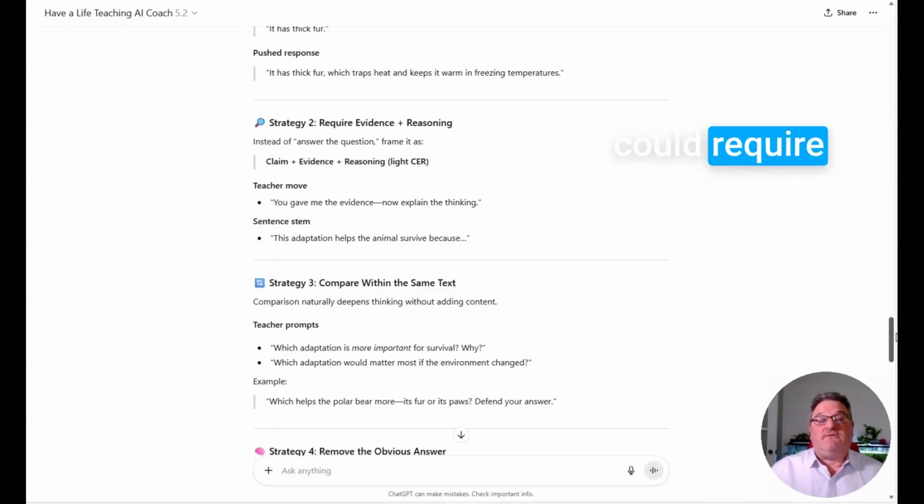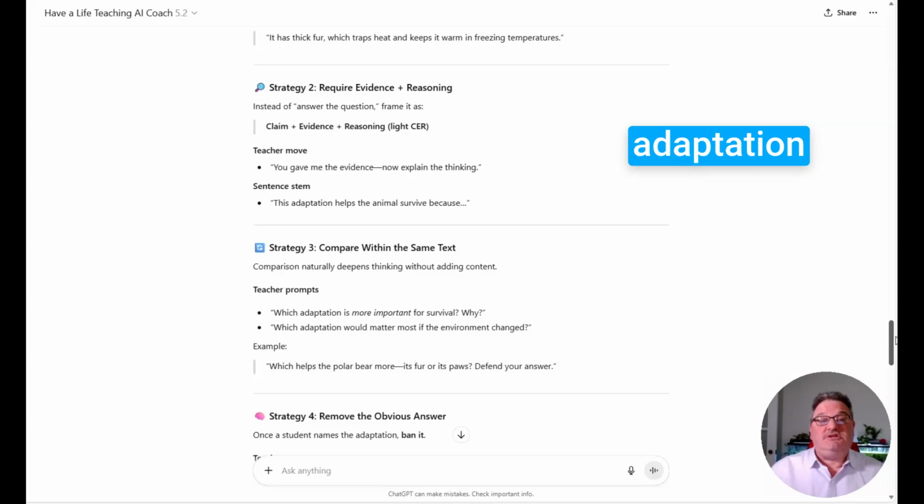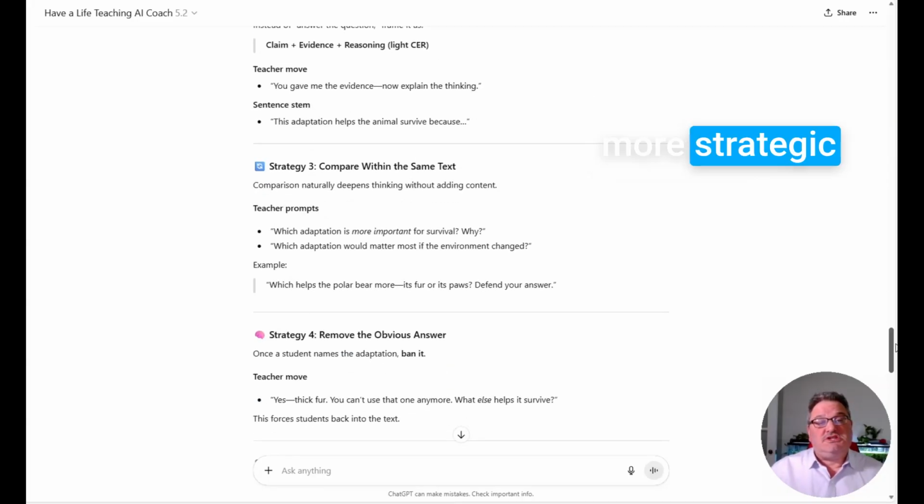Strategy two, you could require evidence and reasoning in their response. For example, the teacher might follow up and say, you gave me the evidence, now explain the thinking. Tell me why or how this adaptation helps the animals survive. Perhaps you even give your student a sentence stem that will help them answer that question with more strategic thinking.